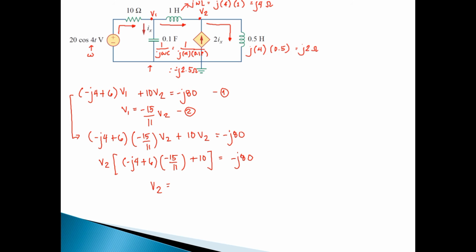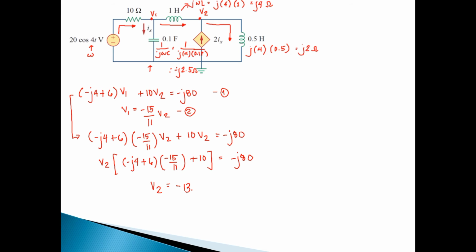So let us type this in our calculator. Negative 80j divided by negative 4j plus 6 times negative 15 over 11 plus 10.